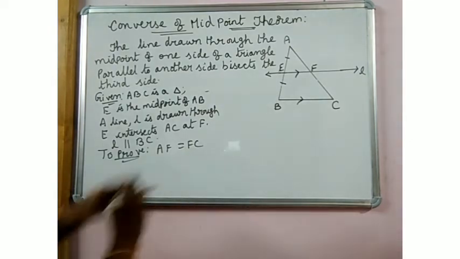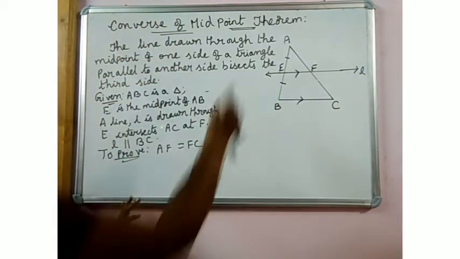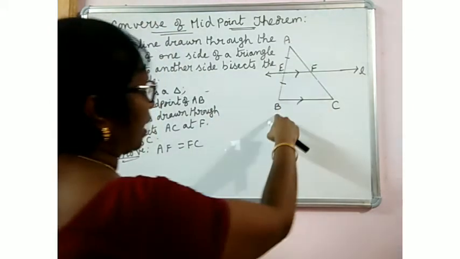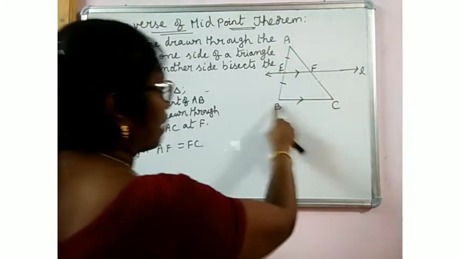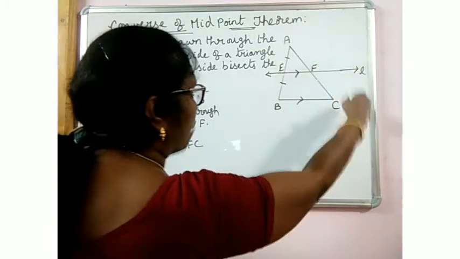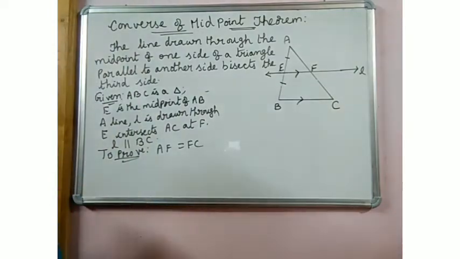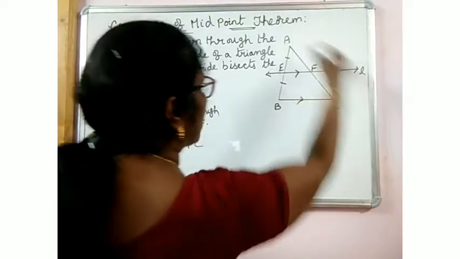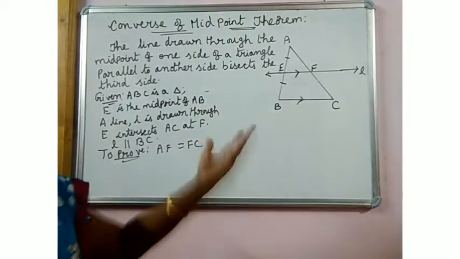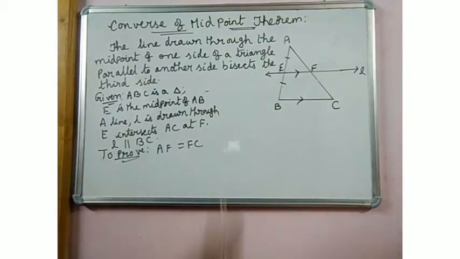That means, you see the figure of your theorem, a line drawn through the midpoint of one side of a triangle and parallel to another side bisects the third side. That means this line L bisects AC, we have to prove. That means AF equal to FC we have to prove.